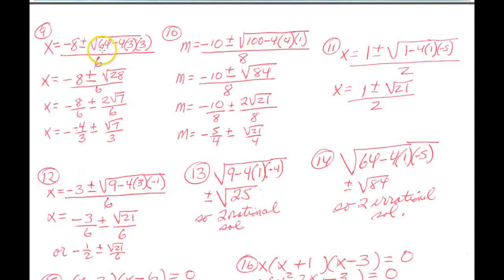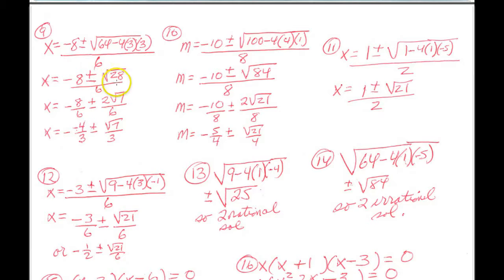Plus or minus, you're going to square the 8, minus 4 times a, which was 3, times c, which is 3. This gives you a 9 times 4, a negative 36, and a positive 64 gives you a positive 28. And then this is 2 times 3, which is 6.